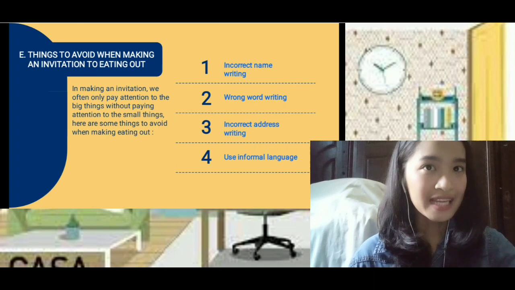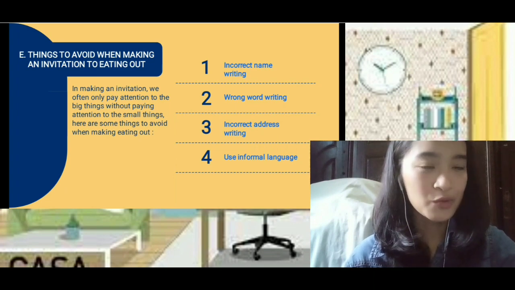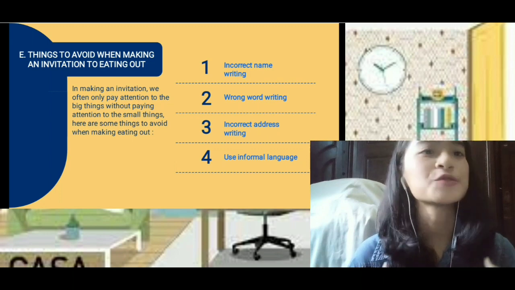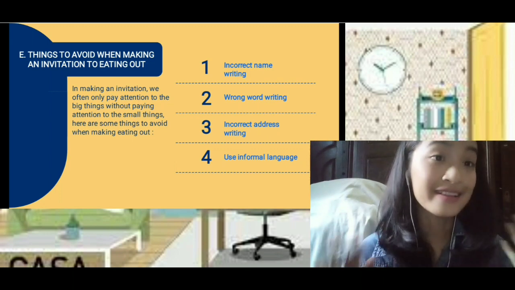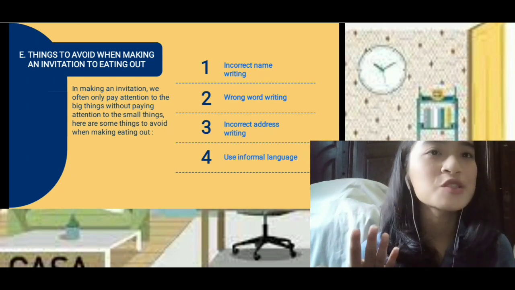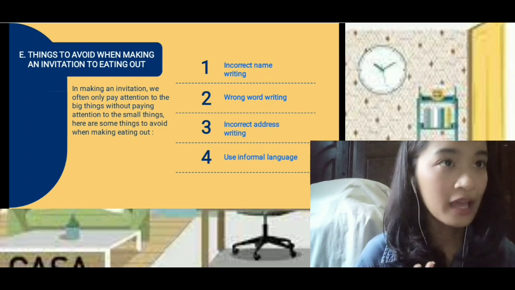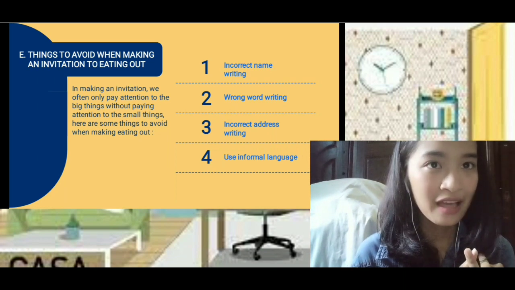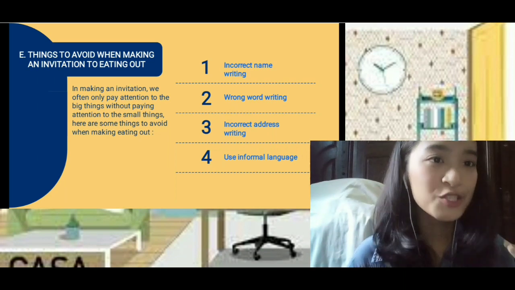And the last one is using informal language. Formal and informal writing are addressed to different readers. For example, an informal letter to a friend aims to create friendly conversation and might use contractions, popular terms, and informal sentence structure.